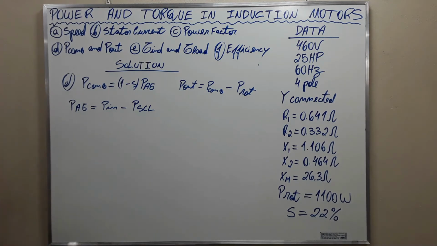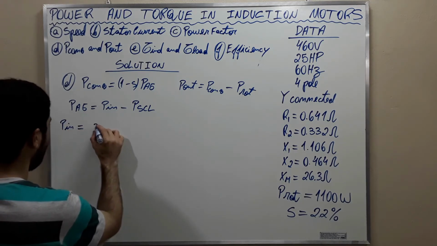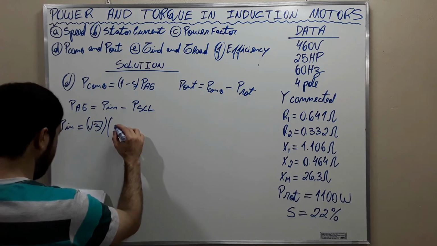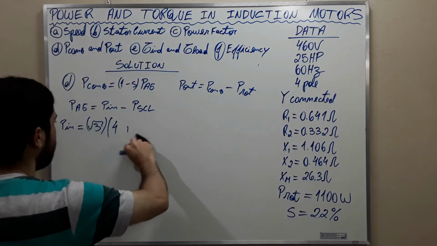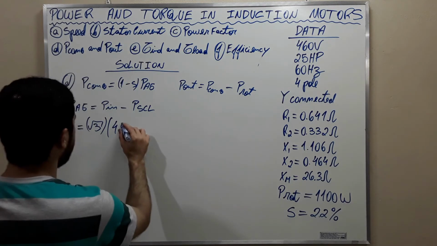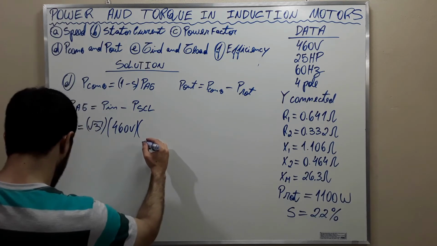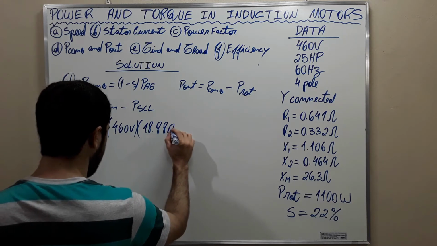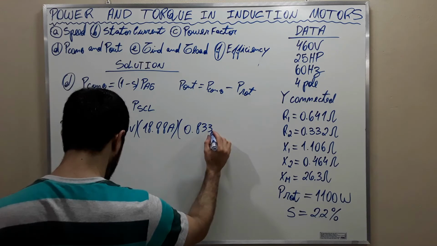The input power, Pin, is going to be the square root of 3 times the line voltage 460 volts times the current 18.88 amperes times the power factor 0.833.